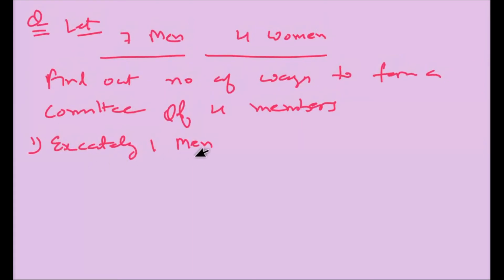So if there is exactly 1 man, you have to select 1 man, 7C1, and you have to form 4 members, so 3 women you have to take, and from 4 women you have to take 3 women. Why is there multiplication here? Because of the multiplication theorem. By 1 man, 3 women will be added by these ways.